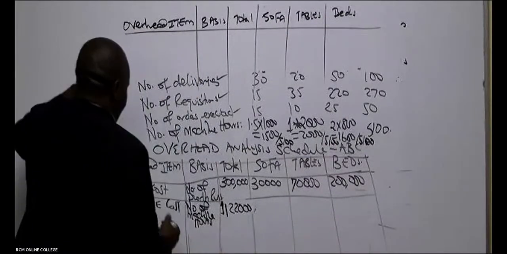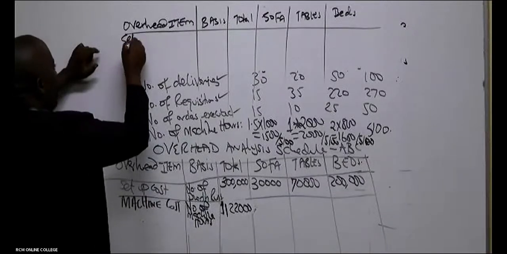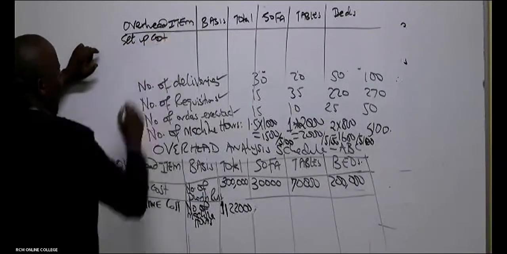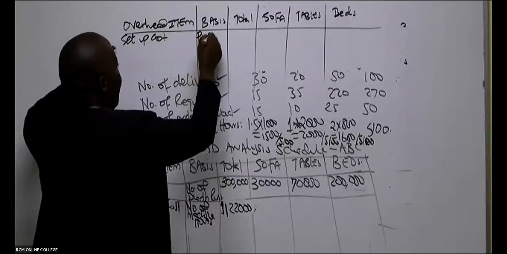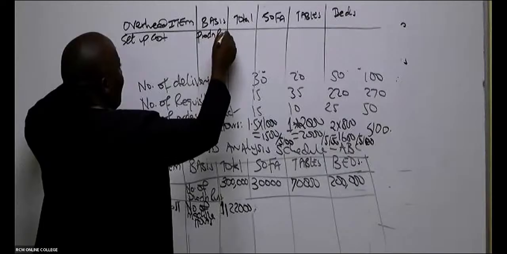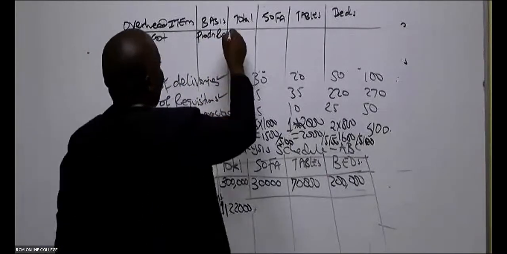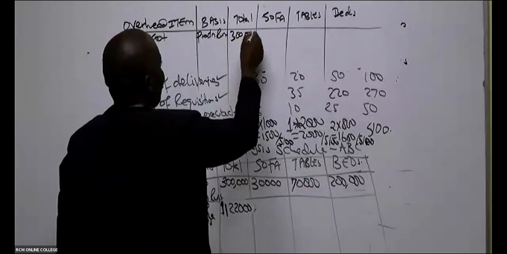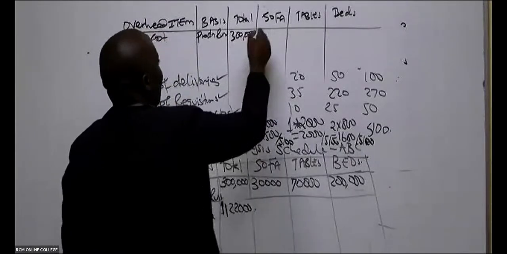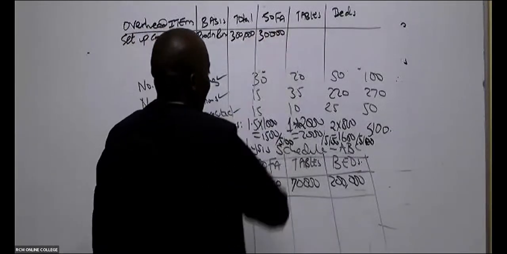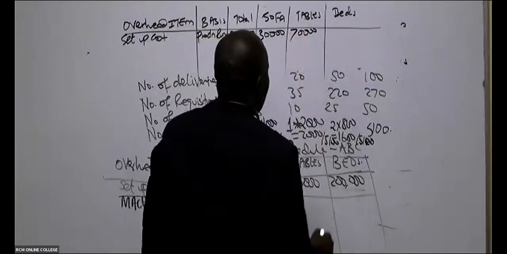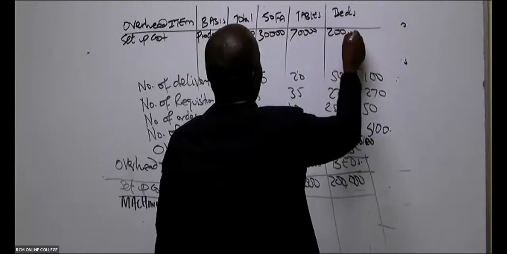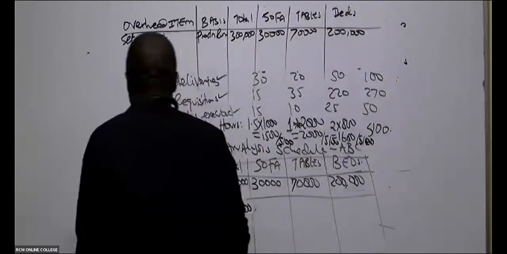So the first one is setup costs. You've told me the basis is production runs. The total is 300,000. So far, 30,000. Tables, 70,000. Beds, 200,000. Then you have taken me to machine cost.